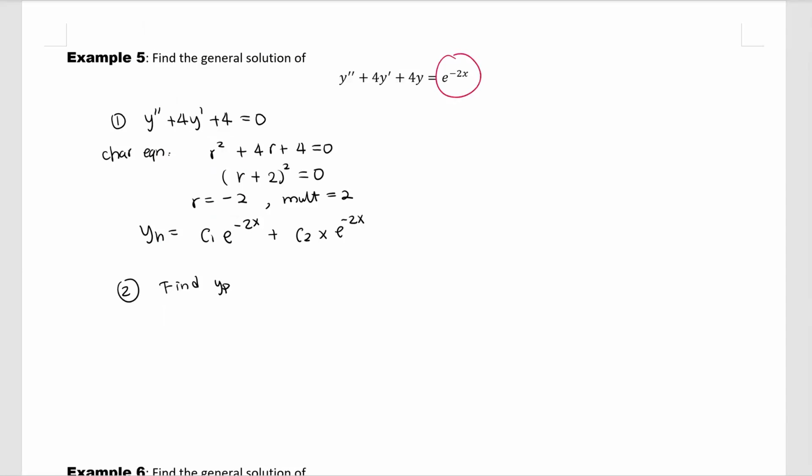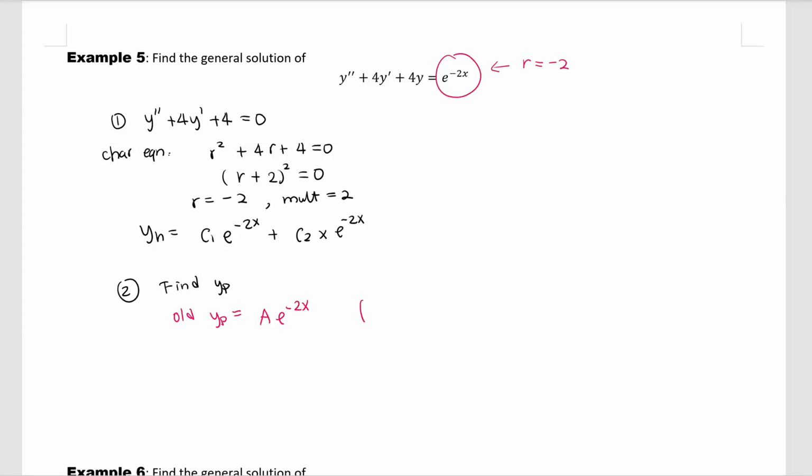The right-hand side, e to the minus 2x, corresponds to r equals negative 2. So our old setup should be, and old setup means we only look at the right-hand side, it corresponds to negative 2, so that's a e to the negative 2x.